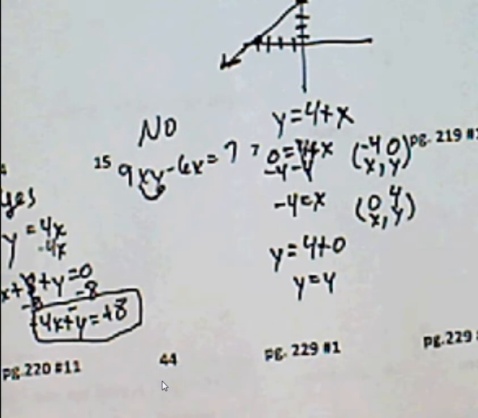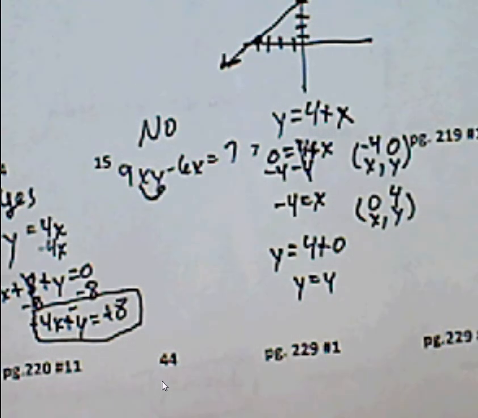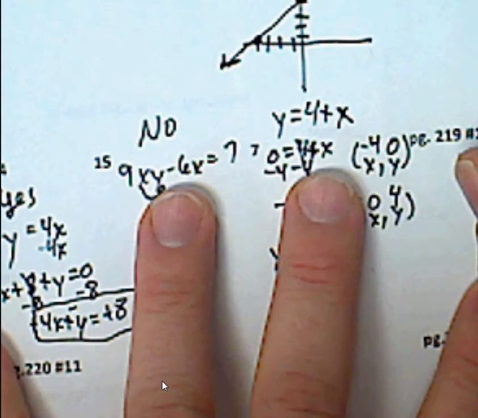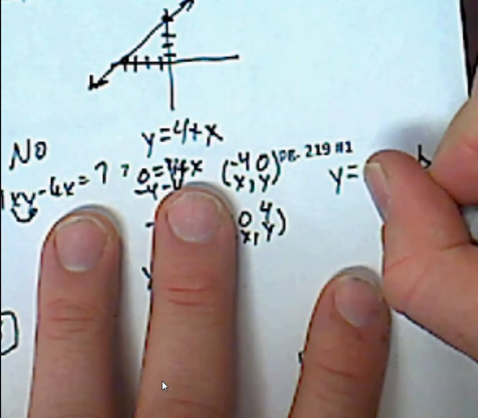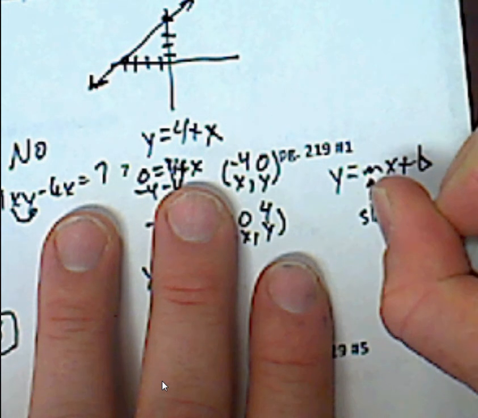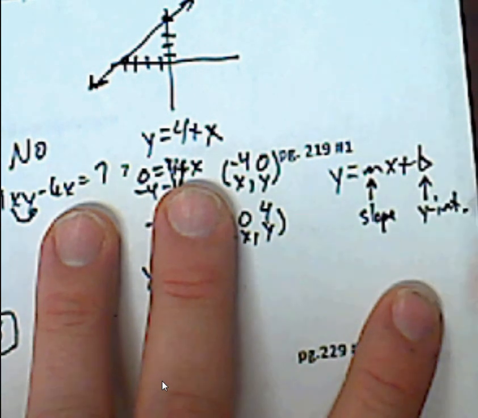Page 219, number 1. Go ahead and pause the video and try. So it says write an equation in slope-intercept form. So y equals mx plus b. So if I need to write this in this equation, my m is my slope, my b is my y-intercept.